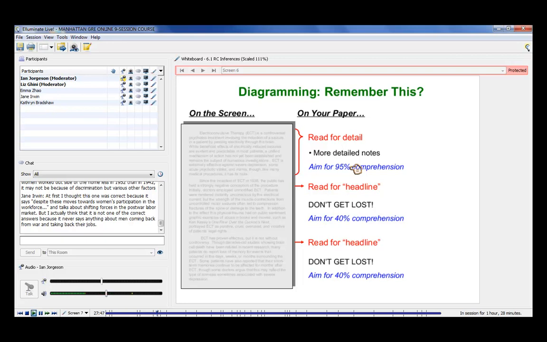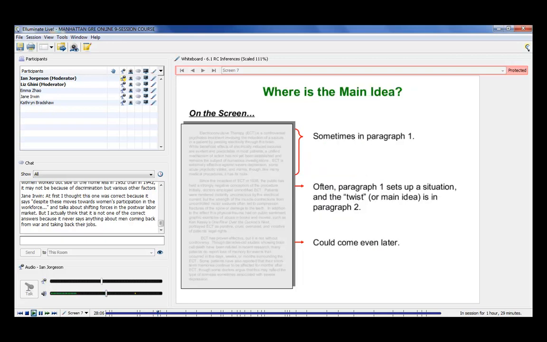For the rest of the passage, just try to get the gist of it. What's the topic? What's the headline? What's this paragraph about? I'm not going to memorize the details. I just want to know what it's about so I know where to go look later if I get a very detail-oriented question.